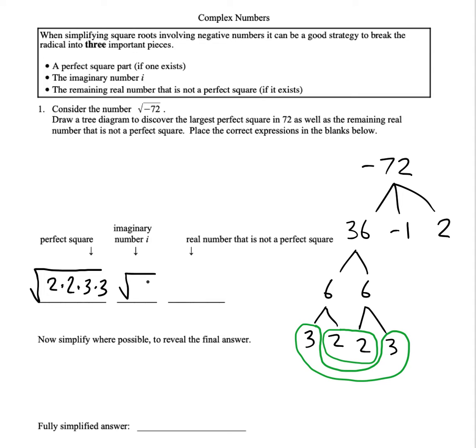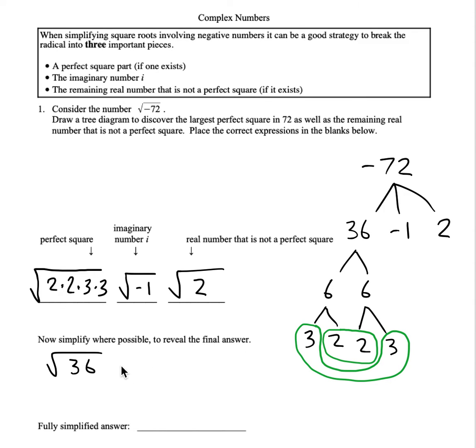We're going to put the square root of negative 1 in the middle. And then any factor that doesn't have a pair should stay on the right. What we'd like to do now is simplify what we have as much as possible so we can get to the fully simplified answer. So 2 times 2 times 3 times 3 was 36. That's the largest perfect square inside 72. That's why I broke it down that way.